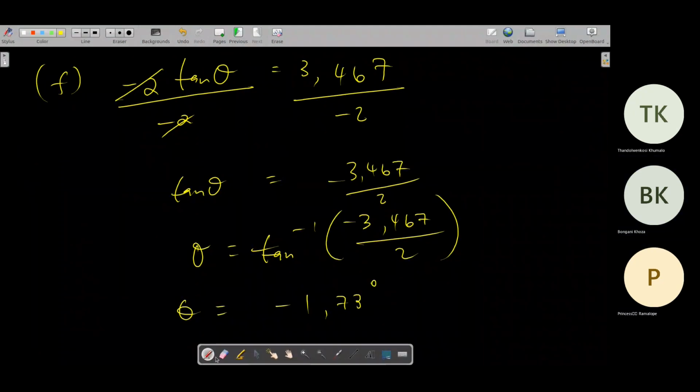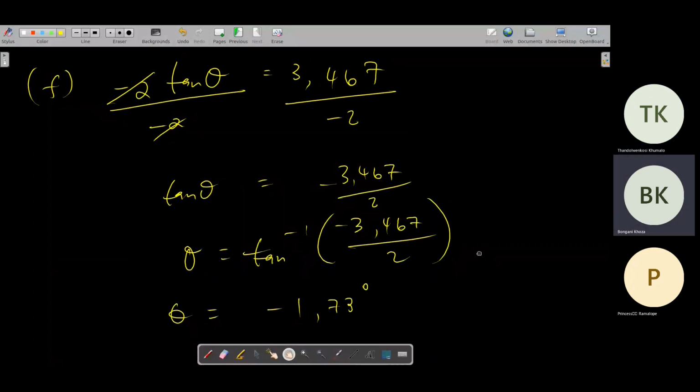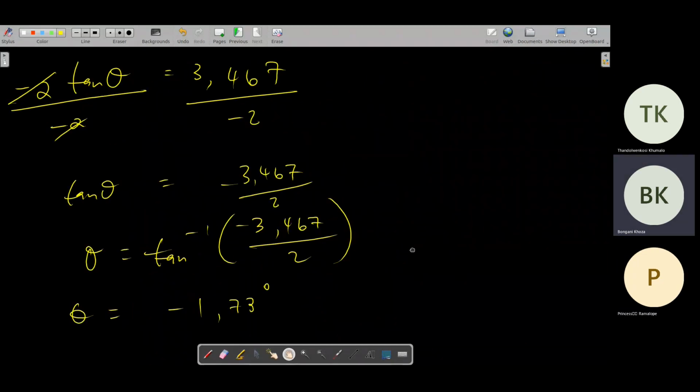But in the test, you lose a mark for not writing it. You should ask your actual teacher for that one. I would say it doesn't matter. It matters, be accurate. But I wouldn't penalize you for leaving out a degree. Okay. All right, moving on.